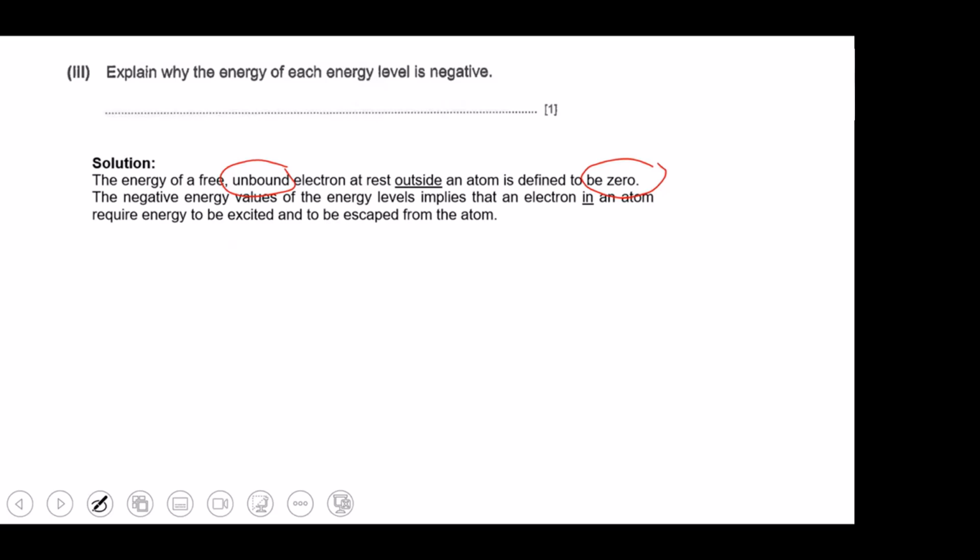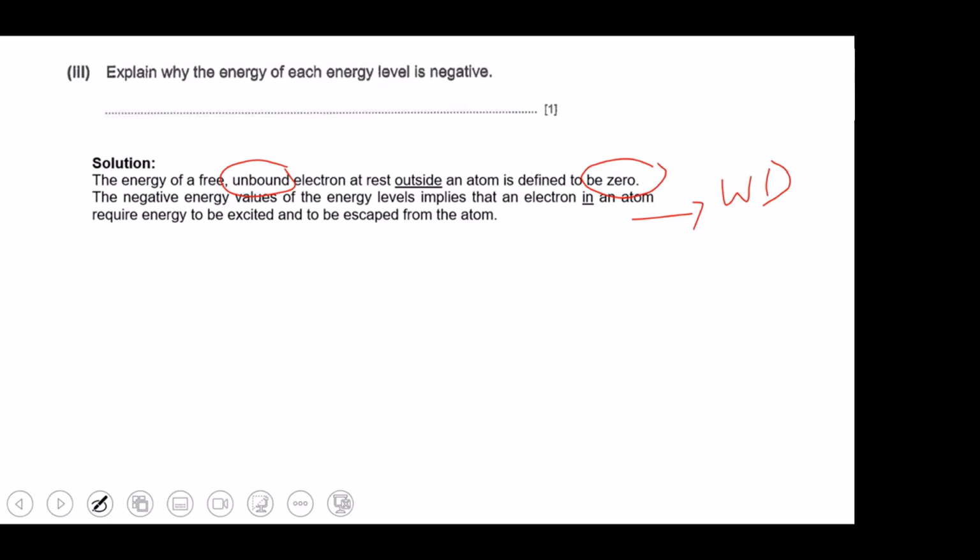So the negative energy is something like the concept of work done, right? Work done by an external agent, work done by gravitational force. So we can mention that the electron in this atom requires energy to be excited and to escape from the atom.